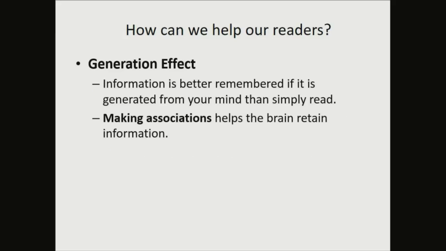If you have to elaborate from your own mind, you will remember it better, okay? And so making associations will help us to retrieve information. This is also things like mnemonic devices. They fit into this category, this generation effect as well. It's something to help you remember the content.